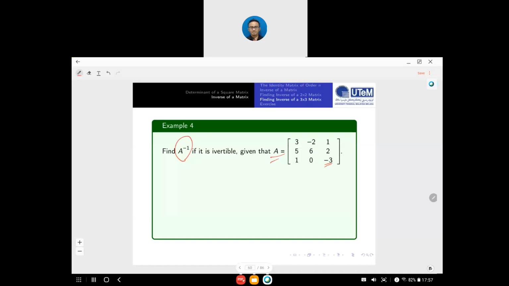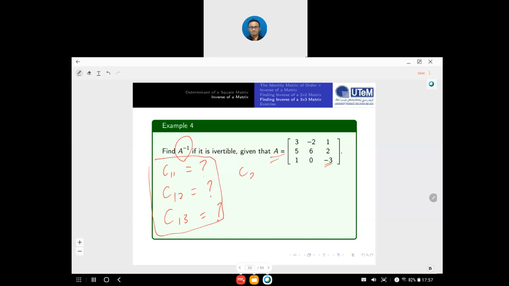First, you need to find what is the cofactor for each element. Awak kena cari dulu cofactor 1, 1. What is the value? Cofactor 1, 2. What is the value? Cofactor 1, 3. What is the value? If you want to find determinant, yang ni saja yang kita perlukan. But if you want to find the inverse, awak kena cari semua.